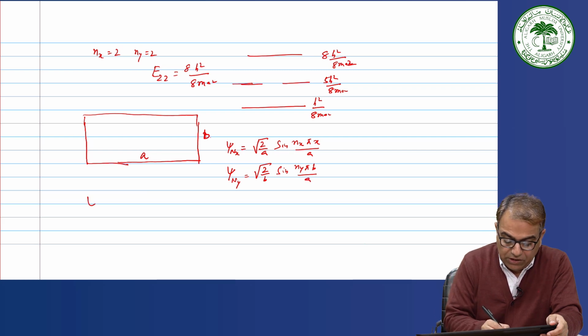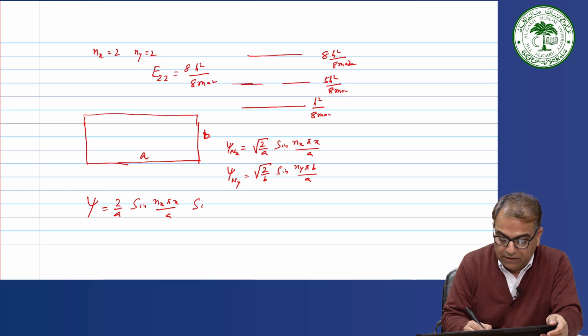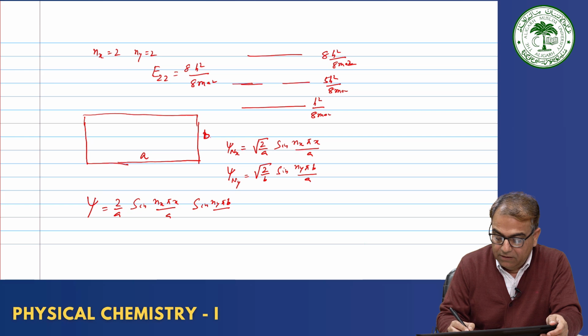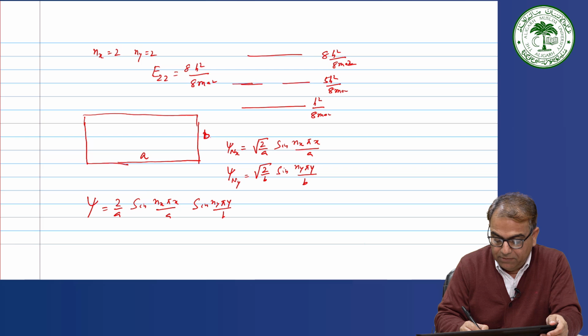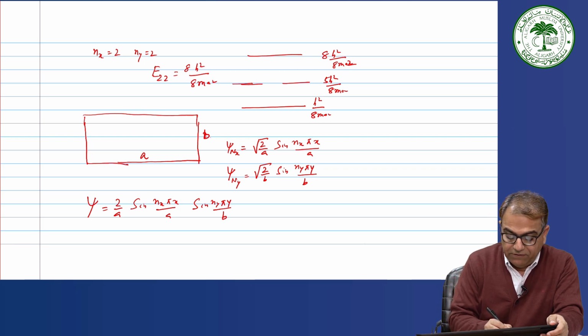So, the total wave function will be 2 divided by root ab, sine nx pi x divided by a, and sine ny pi y divided by b. This will be the total wave function.